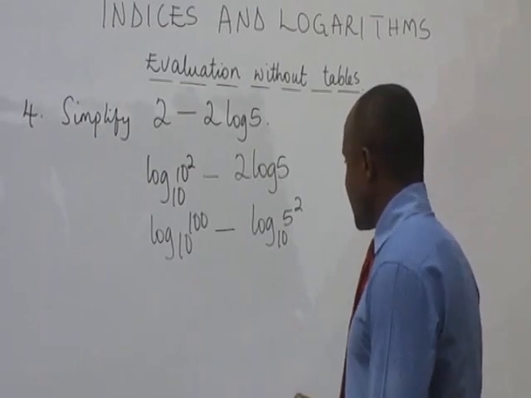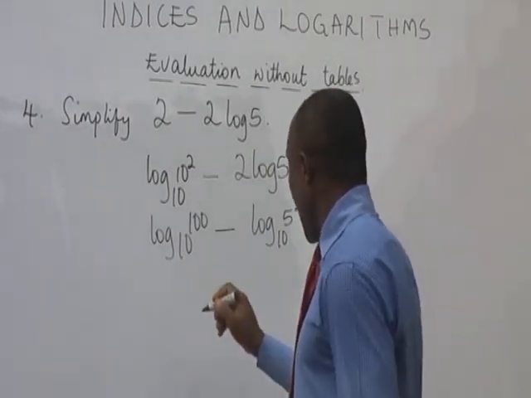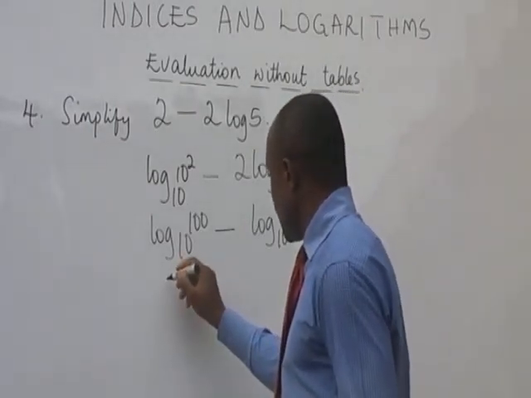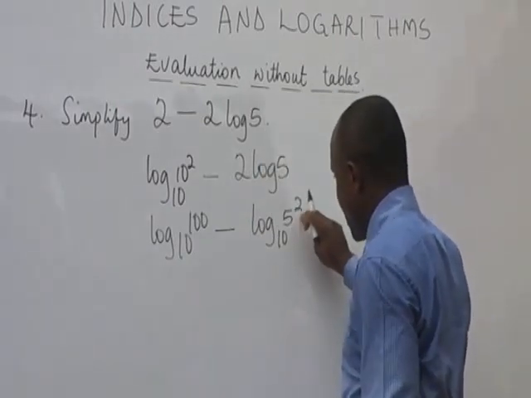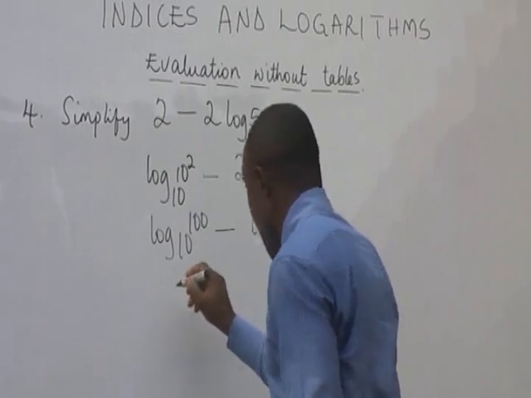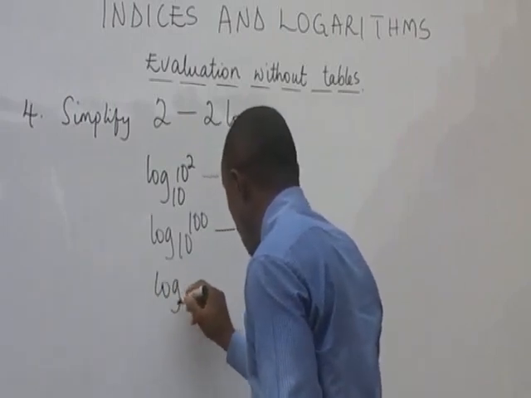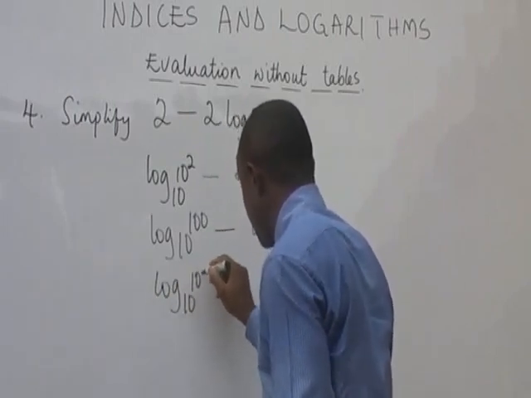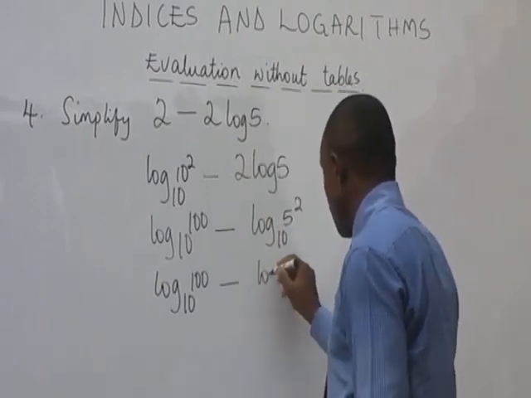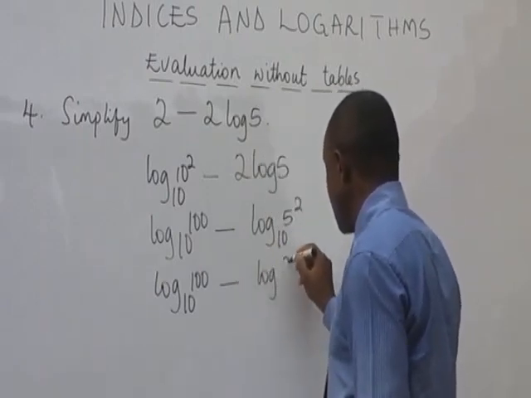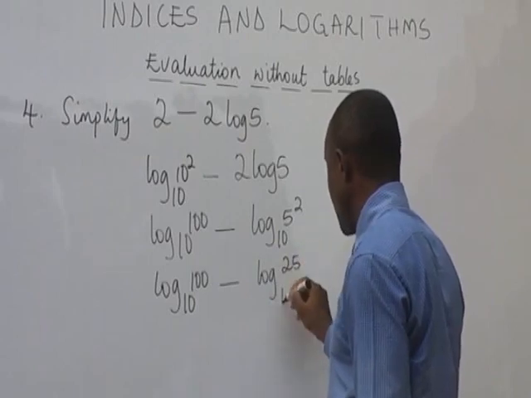If that is the case, let's simplify this. You know that this means 5 squared, and 5 squared is 25. So I'm going to have log of 100 to base 10 minus log of 25 instead of 5 squared to base 10.